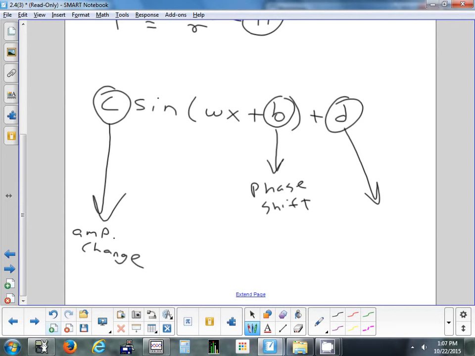Tony, you remember what that one does? Well, it's not the one we're doing today, and it's not either one of these. The vertical shift, yeah, it moves it up and down. Okay, vertical shift. And the last one we're doing today, that's the period change.